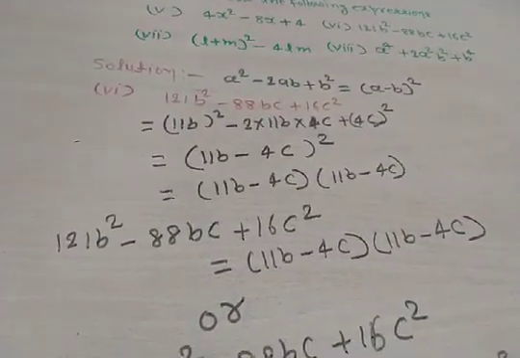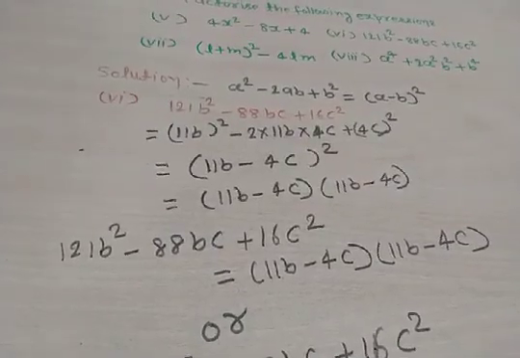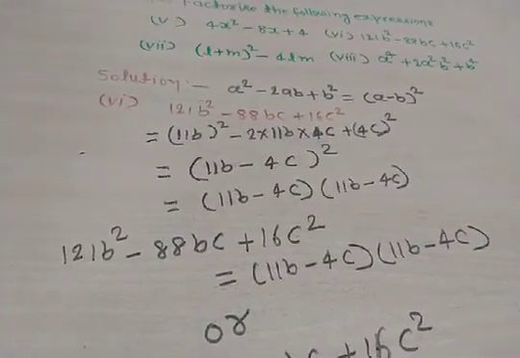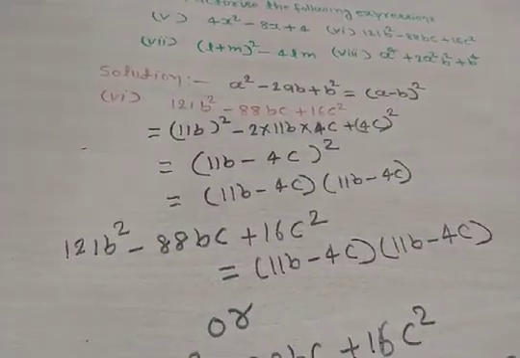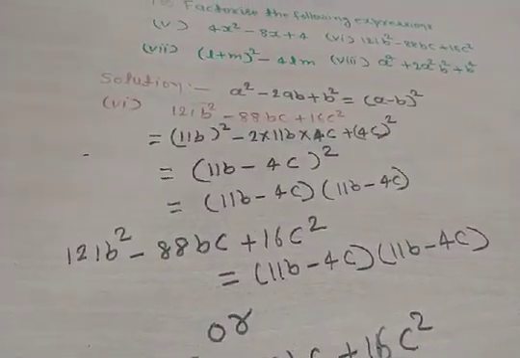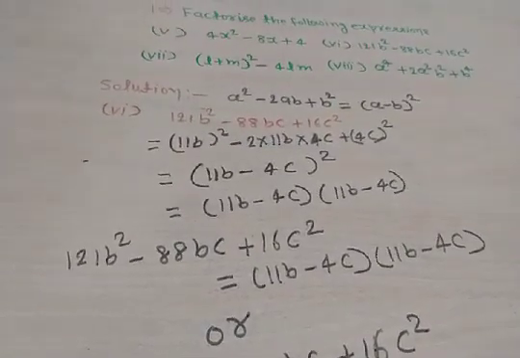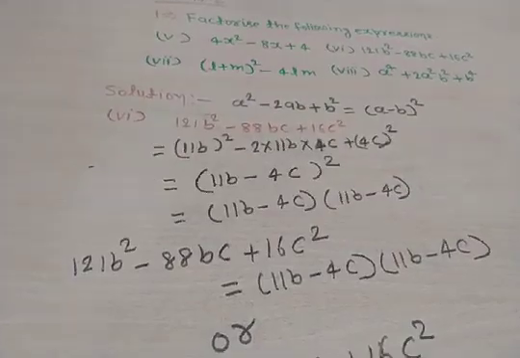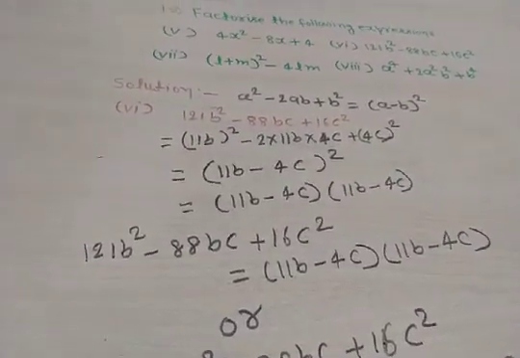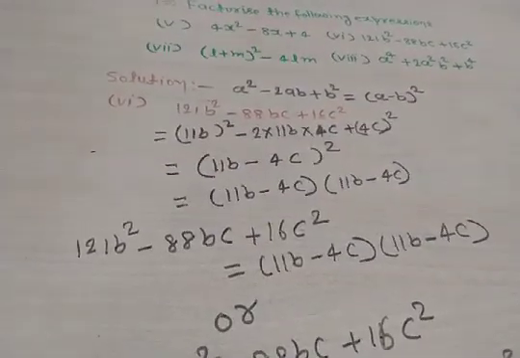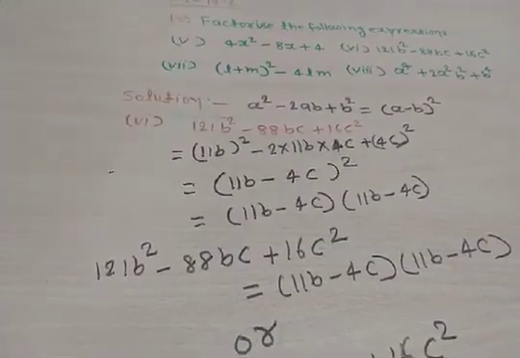Okay, the choice is yours which method you use to find the factorization of the given algebraic expression. Clear? So now we are going to solve question number 7, the seventh part of question number 1. I hope all of you understood both methods. This is a very easy method. Try it and solve each and every question related to factorization.